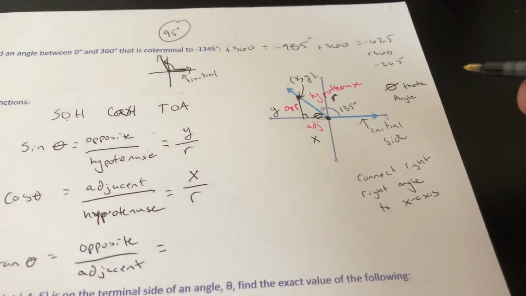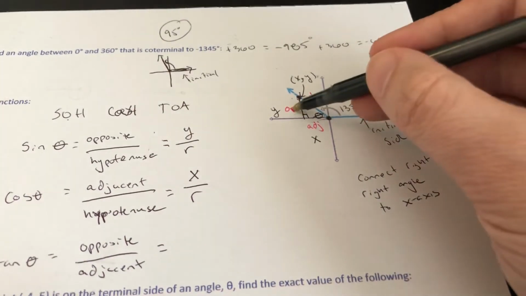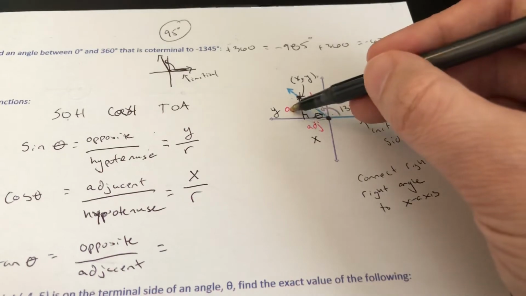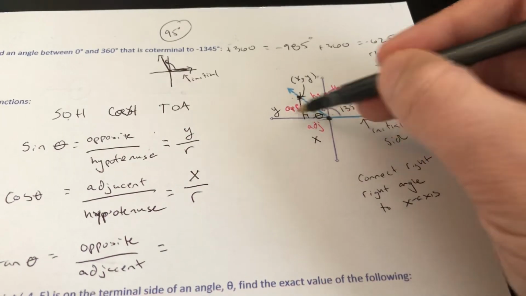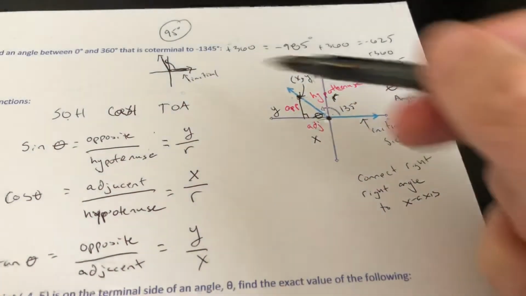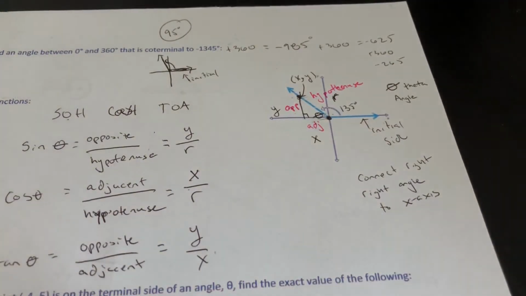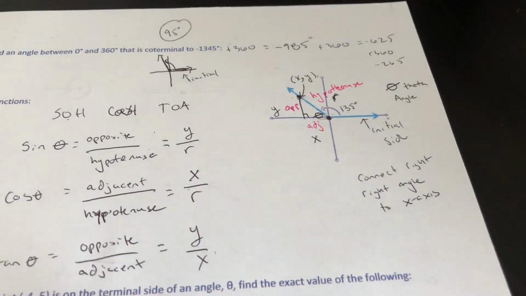And last one, we have our opposite and our adjacent, so it's opposite over adjacent, that's y over x. So there's my sine, my cosine, and my tangent in terms of x, y, and r.